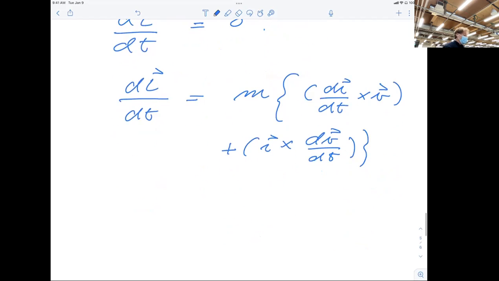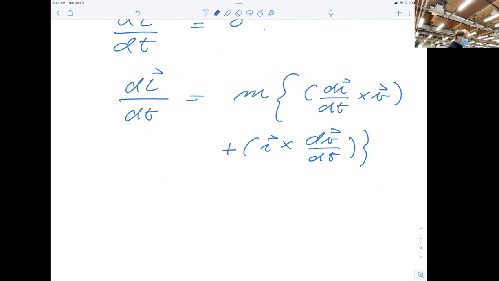So if we look at the first quantity, what do we have in that quantity? We have dr/dt multiplied with v. How can we rewrite that one? Yeah, velocity cross velocity, right?